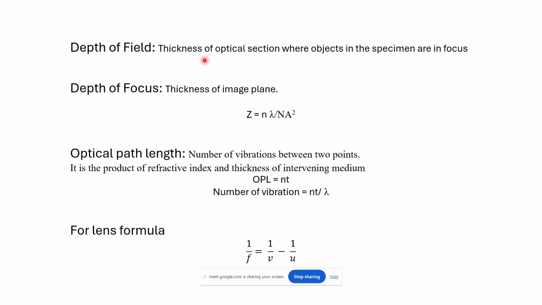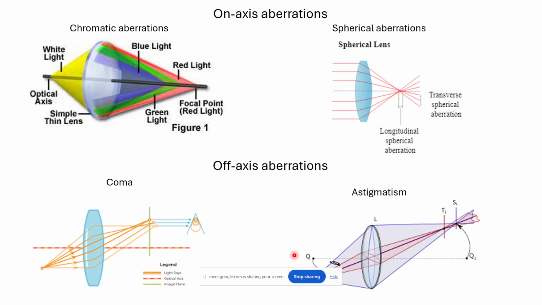So if we need to find the optical path length difference, we'll just subtract between two different mediums, keeping the thickness the same. And you all must know that the lens formula is 1 by f is equal to 1 by v minus 1 by u. This is a very common thing.